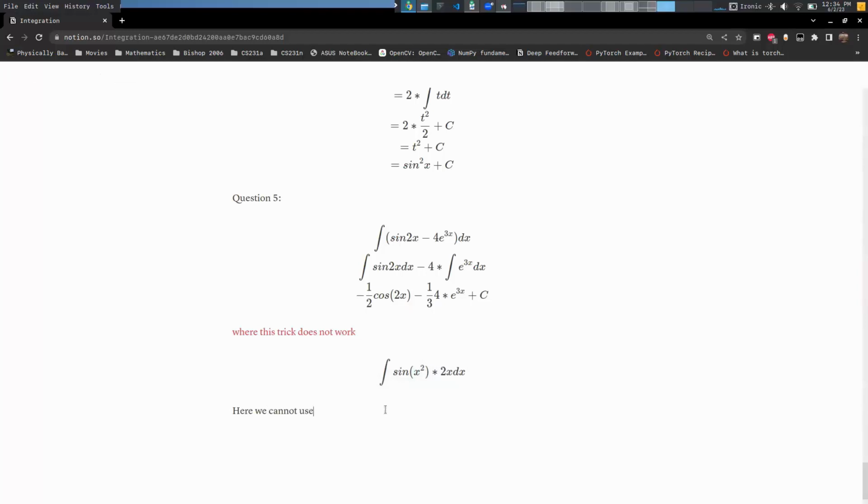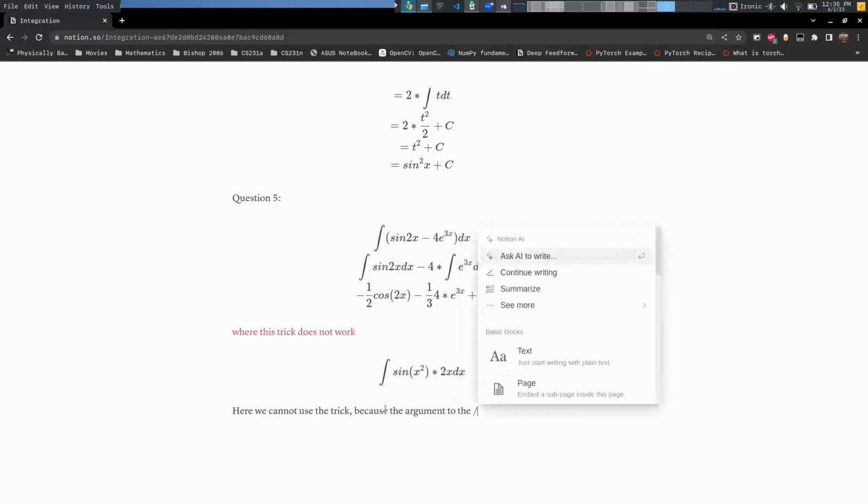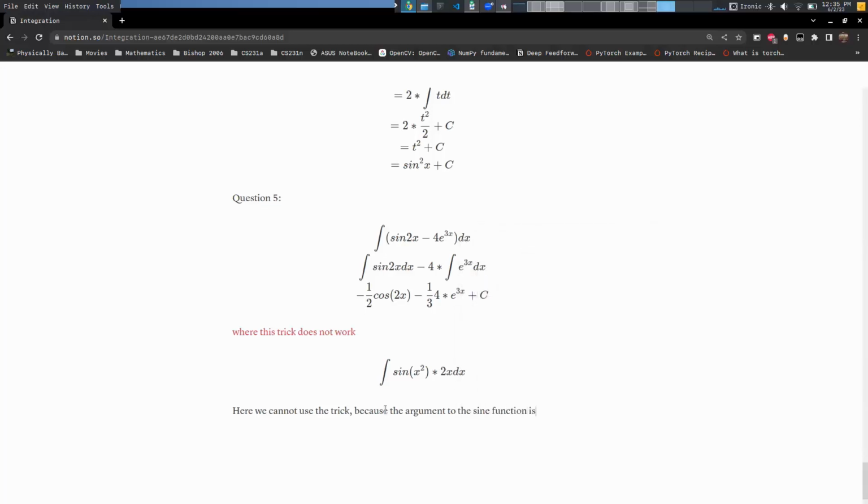Here we cannot use the trick because the argument to the sine function is not linear in x, it is x squared, and therefore we cannot use this trick of just writing x square as x. This will not work. We can only write 2x as x, 3x as x, even 3x plus 5 as x.